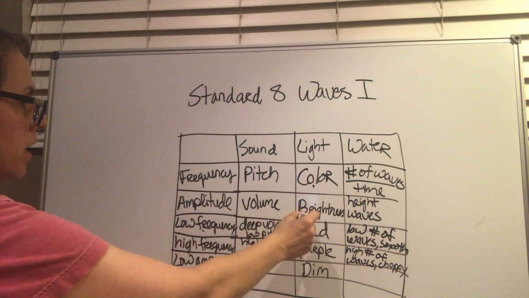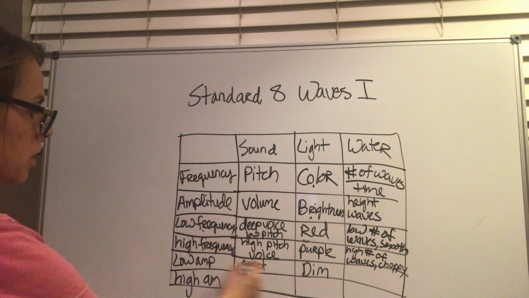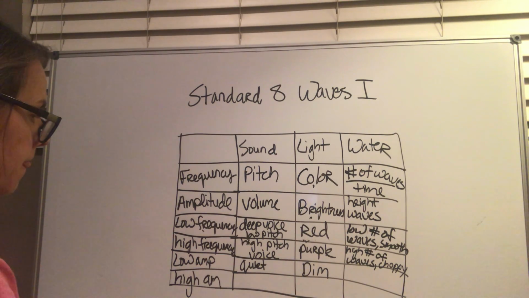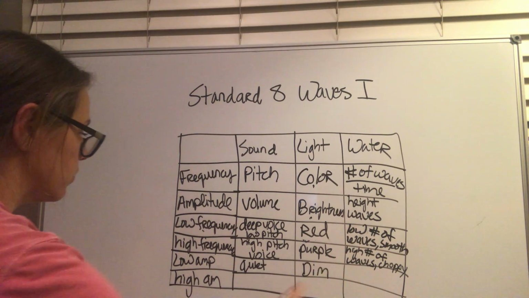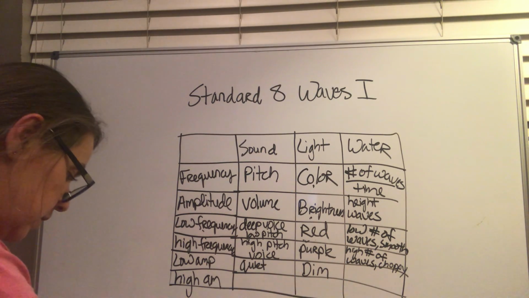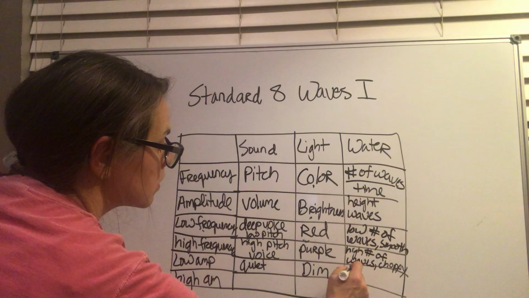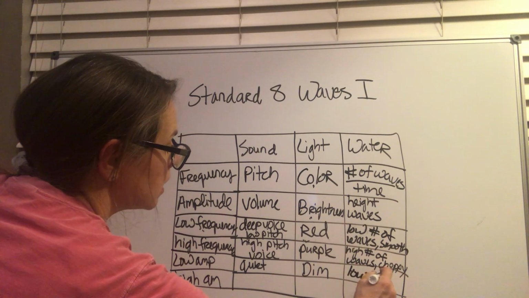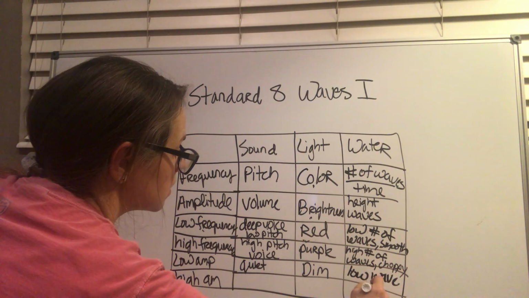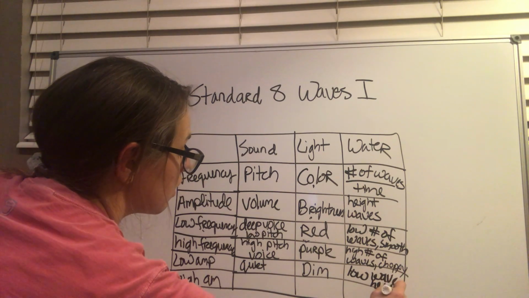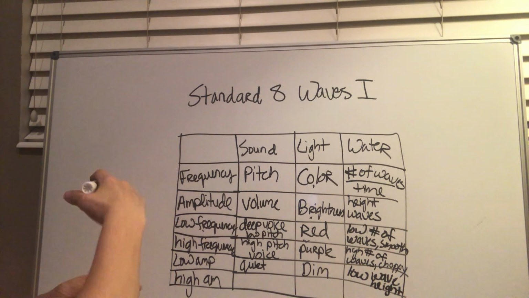When we're talking about amplitude, we're talking about brightness. So low amp is dim. And then with low amplitude waves, we just have low waves in height. So they're just not as large, small waves.